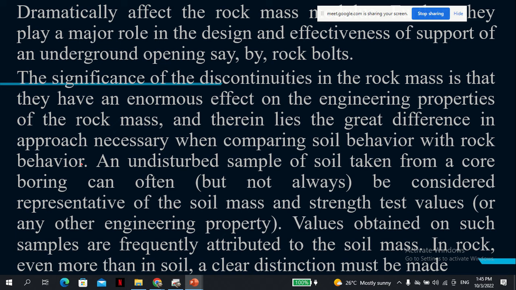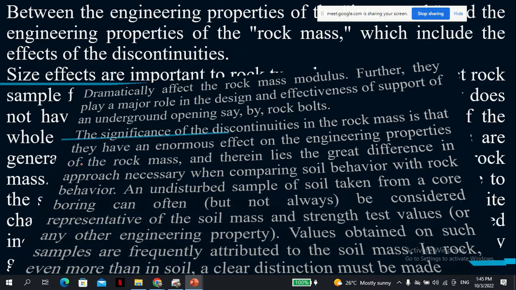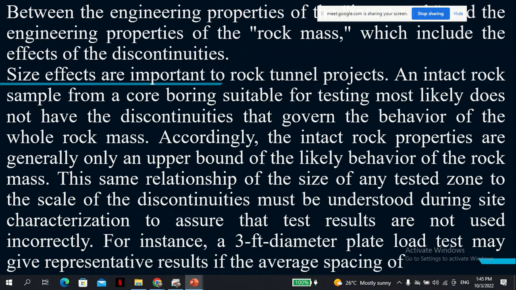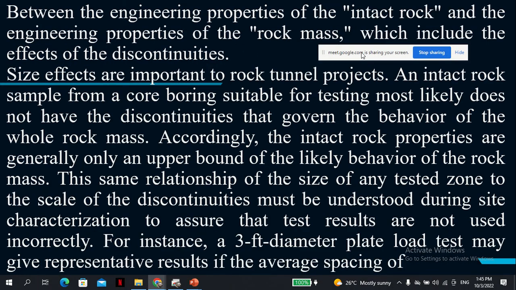So in soil, sometimes when you take a sample, you can reasonably agree that it is a representative sample, of course within certain limits. But for rock, a distinction has to be made between the intact rock and the engineering properties of the rock mass, which include the effects of discontinuities.